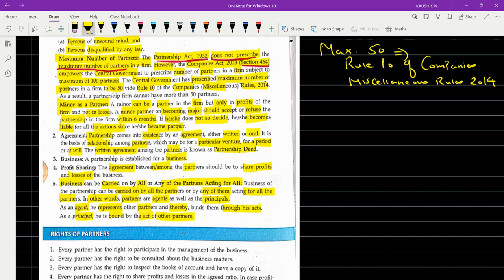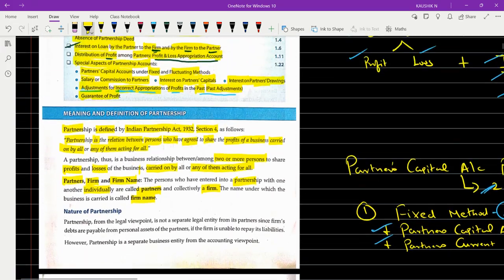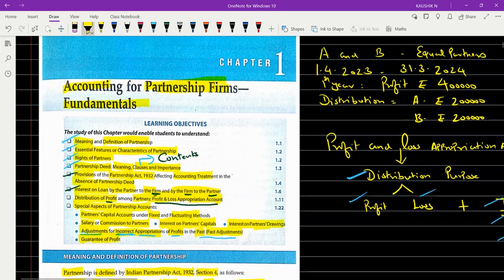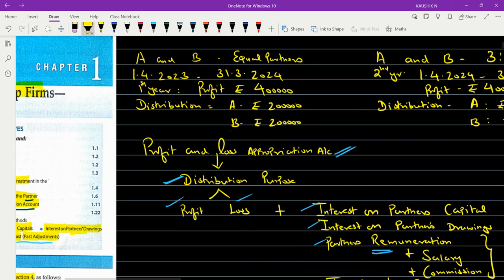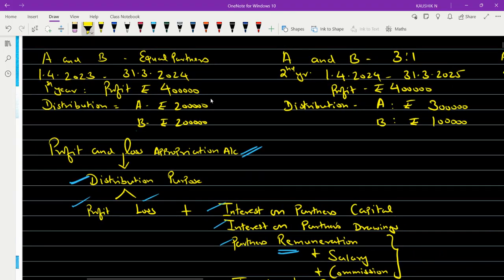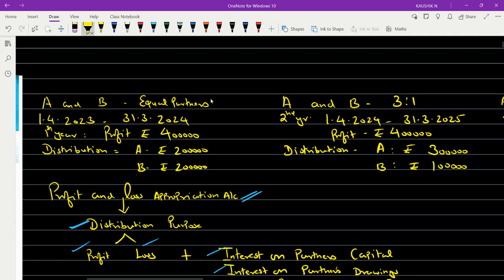So, with this, I stop today's session. Today we discussed some important aspects like what the profit and loss appropriation account is all about, why we prepare it, and what contents will be mentioned in it, along with some examples. If you are an equal partner, how to distribute the profit.